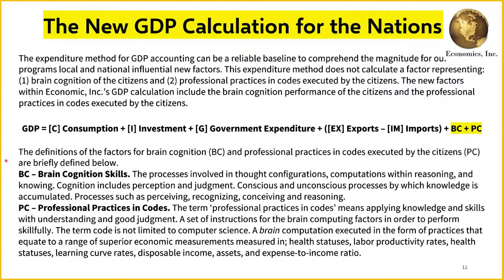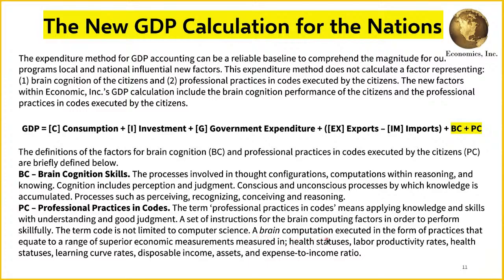Now, Danielle, you want to just read this? Just read it line for line for professional practices and codes. So the term professional practices and codes means applying knowledge and skill with understanding and good judgment. A set of instructions for the brain computing factors in order to perform skillfully. The term code is not limited to computer science.